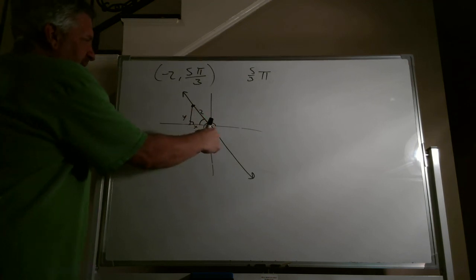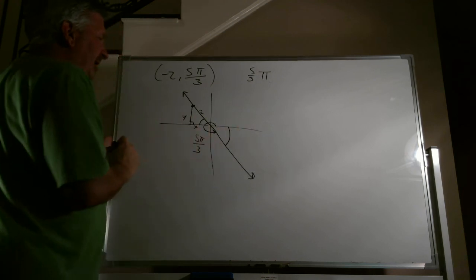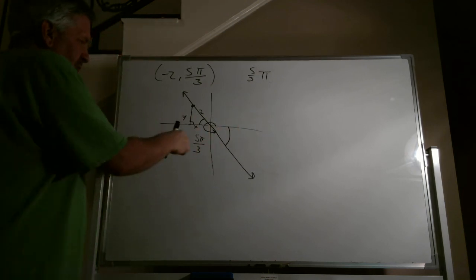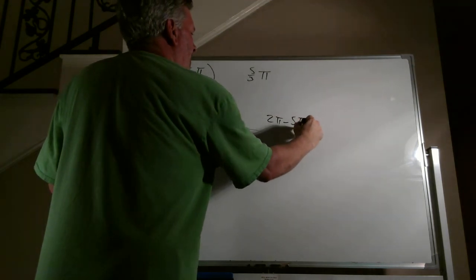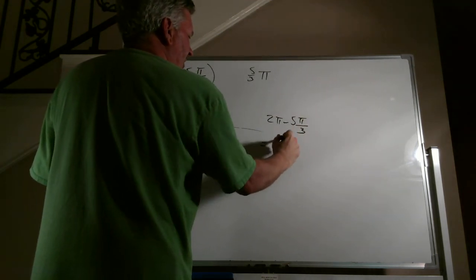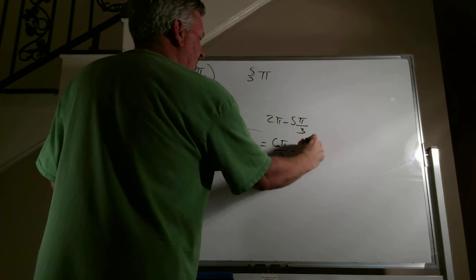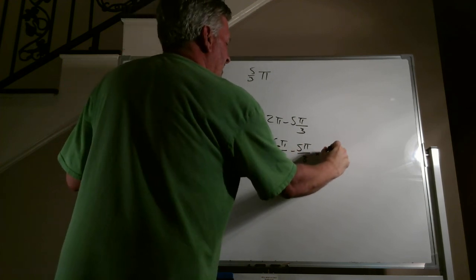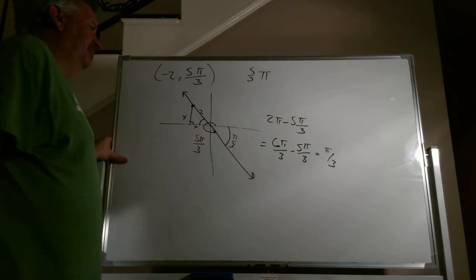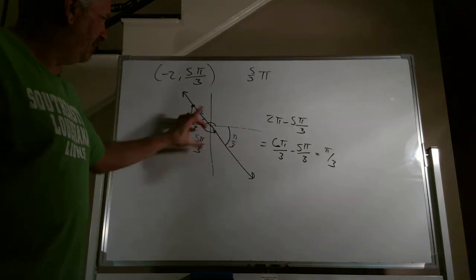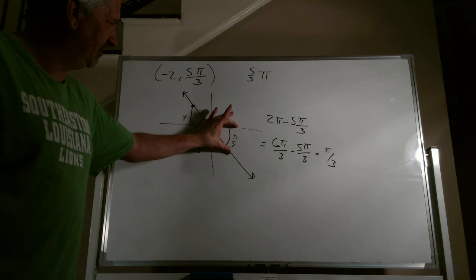Well, if this is 5 pi over 3, 1 2/3 pi, how much is this angle right here? Well, 2 pi minus 5 pi over 3. If you get a common denominator, that's 6 pi over 3 minus 5 pi over 3 is pi over 3. So this angle right here is pi over 3, right? 2 pi minus 5 pi over 3 is the angle there.